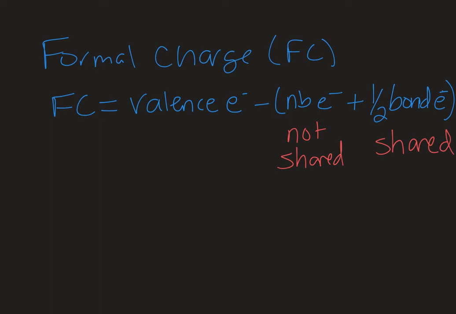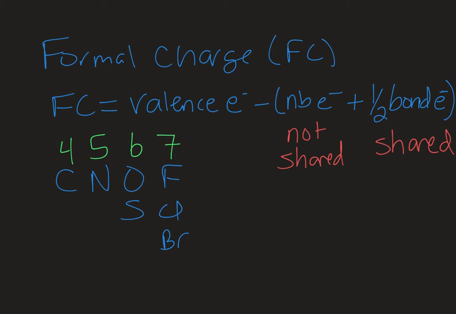So if we go back to our periodic table again, I'm just going to draw this part here. Carbon has 4 valence electrons, nitrogen has 5 valence electrons, oxygen and sulfur, everything in that column, have 6, and the halogens, fluorine, chlorine, bromine, iodine, have 7 valence electrons.